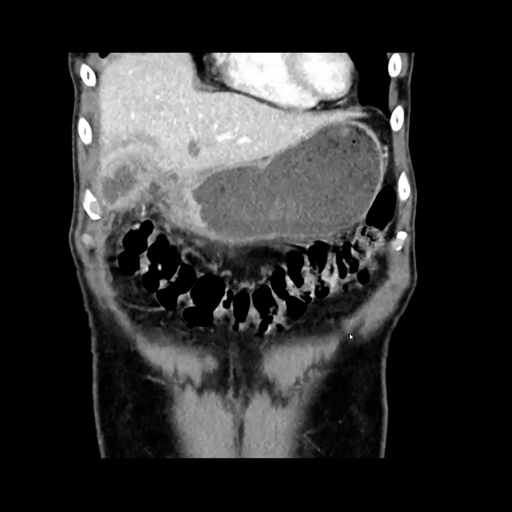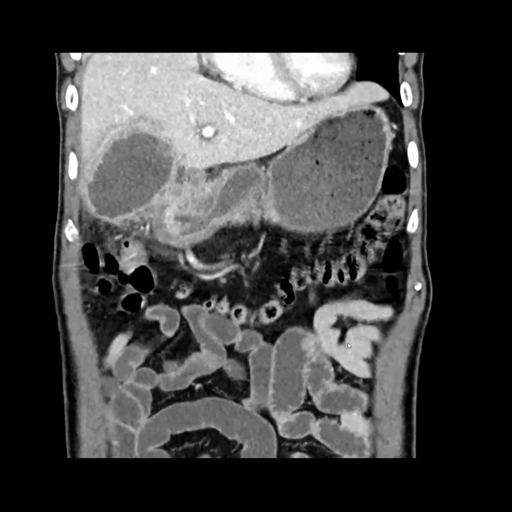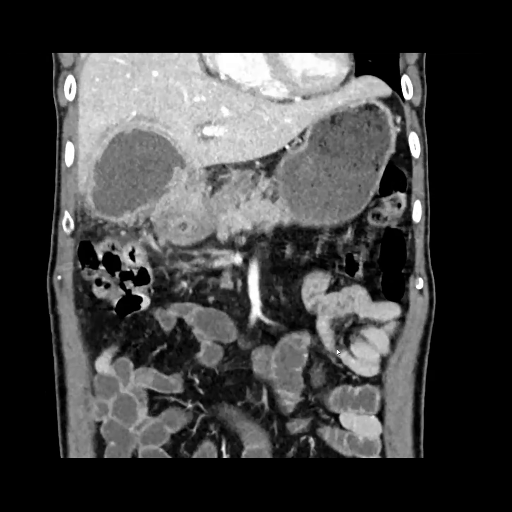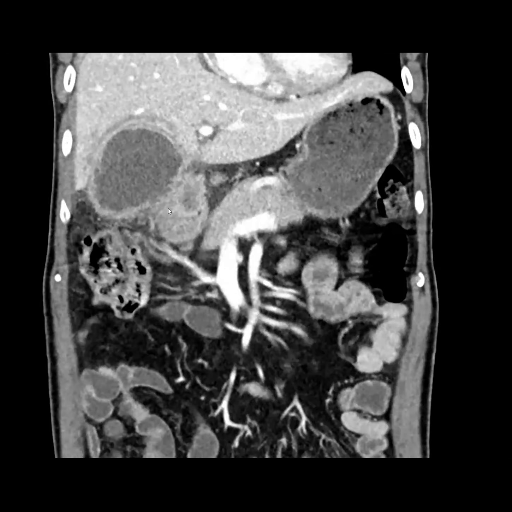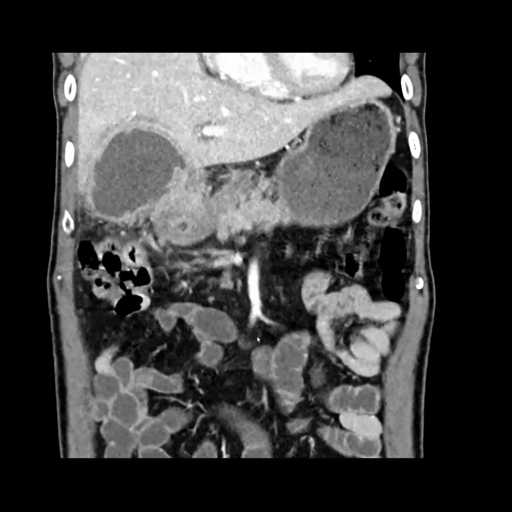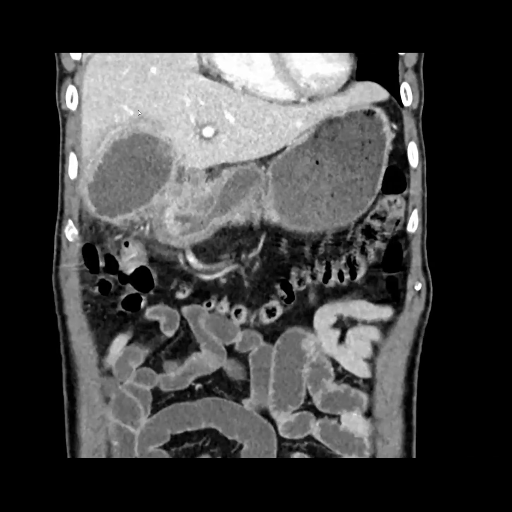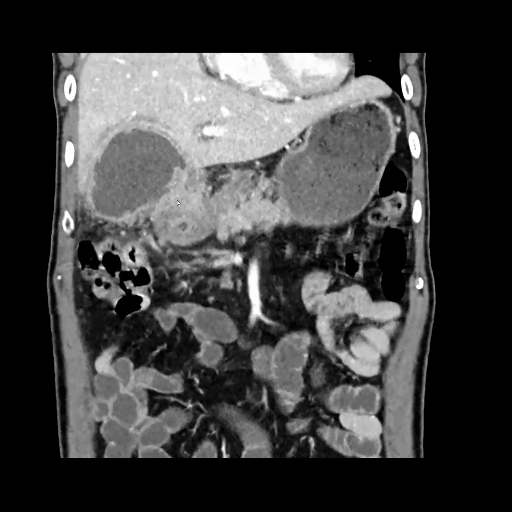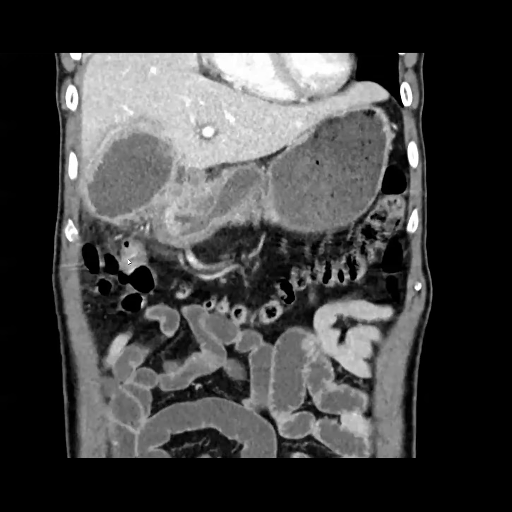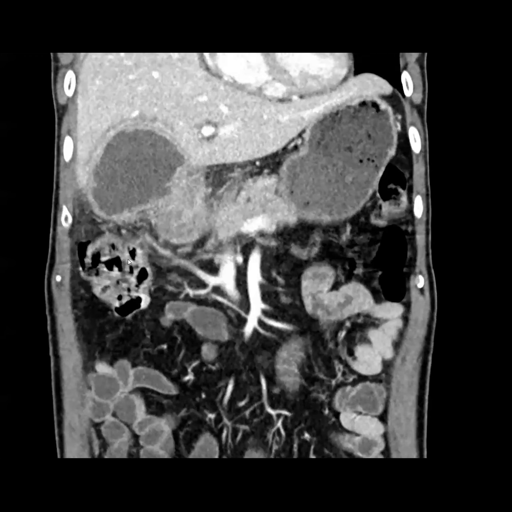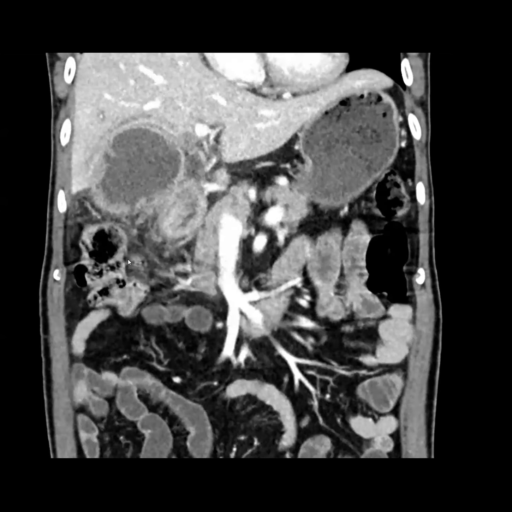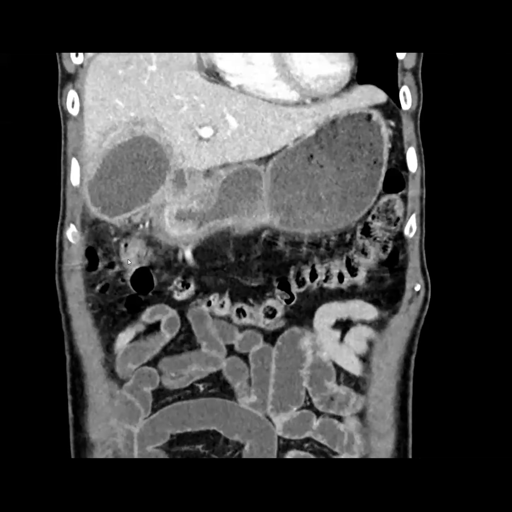My differential would be gangrenous cholecystitis. I was wondering if there's a node there. I'm not sure that that's a node. Maybe. So you're thinking gangrenous cholecystitis extending into the pericholecystic space? Yeah, I think gallbladder cancer. It would be so hard to differentiate those two right now with what I see.